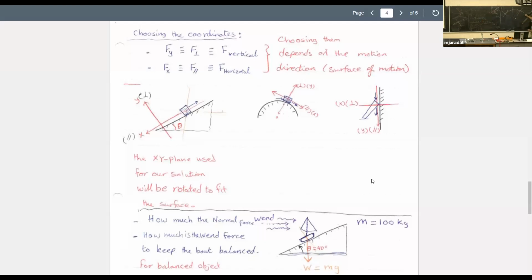Then we can take simply the XY plane. This is Y, and this is X. X in this case is perpendicular. Y is parallel. You see, we solved before with X parallel and Y perpendicular, but that is with respect to our coordinates from the beginning. In this case, we can change.